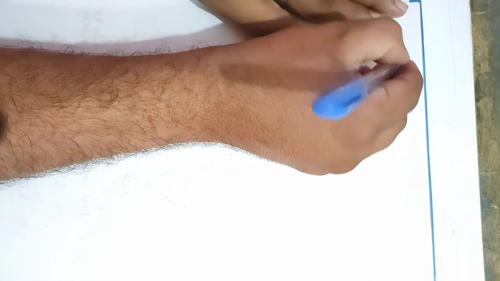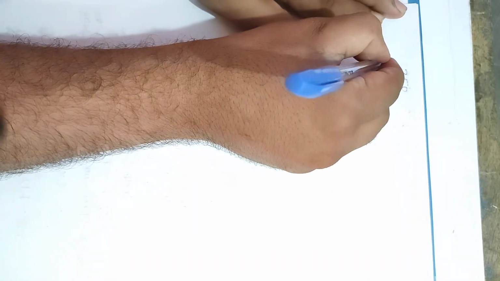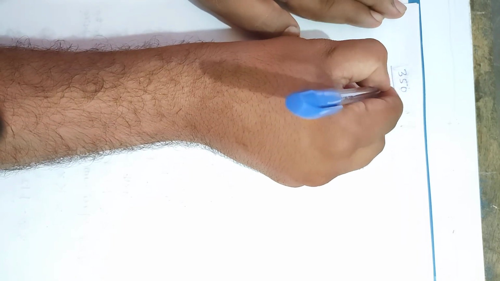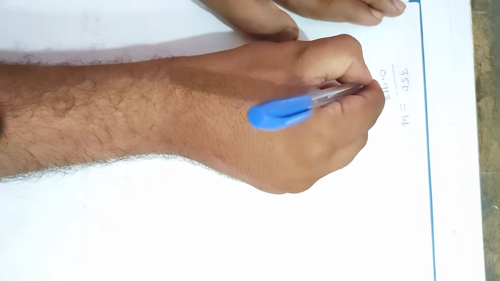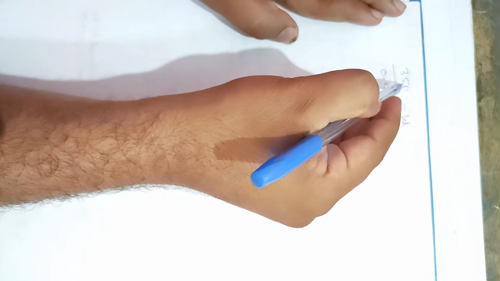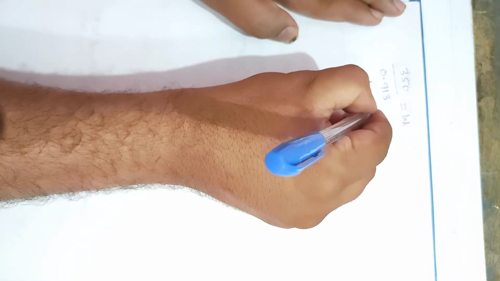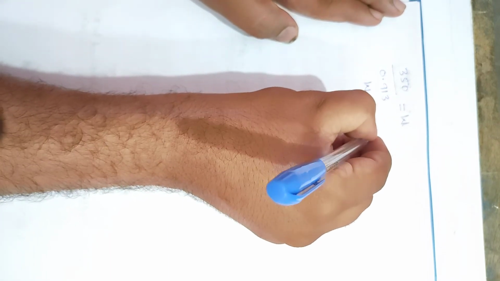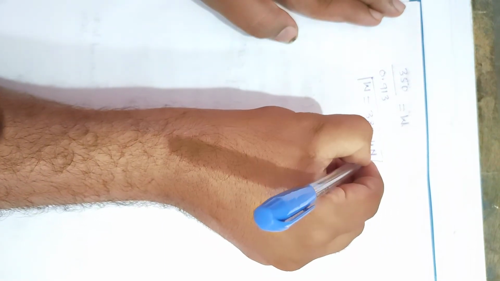Is it visible? Okay. So 350 by 0.913 equal to W. So if you divide this value 350 by 0.913 with the help of calci, then you will get the answer 383.4 Newton. That is the value of W.